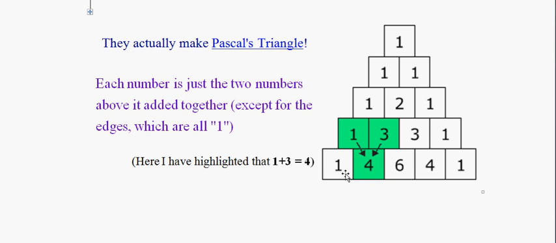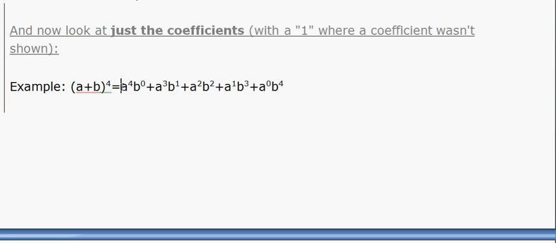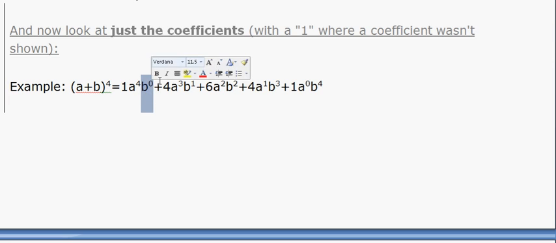Let's remember this: 1, 4, 6, 4, 1. Hence we got the formula. This is the true formula. No need of putting this b. We can simply put 1 or nothing here, because b power 0 is 1, and anything multiplied by 1 remains the same.